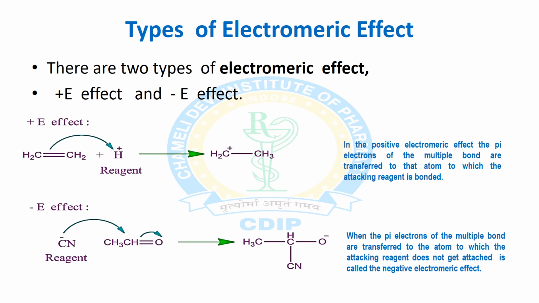As the attacking reagent approaches the carbon, there is a shifting of the complete electron pair towards the oxygen, and that's why the negative charge would be there on the oxygen. Such an effect is known as the minus E effect.